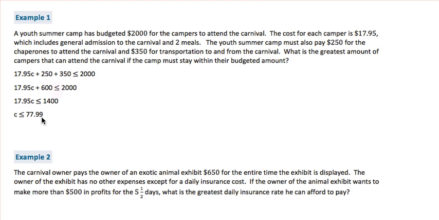77 and 99 hundredths of a camper. And that's not possible, to have 99 hundredths of a camper, so we would need to have a maximum. We would not quite have enough if we rounded up to 78.